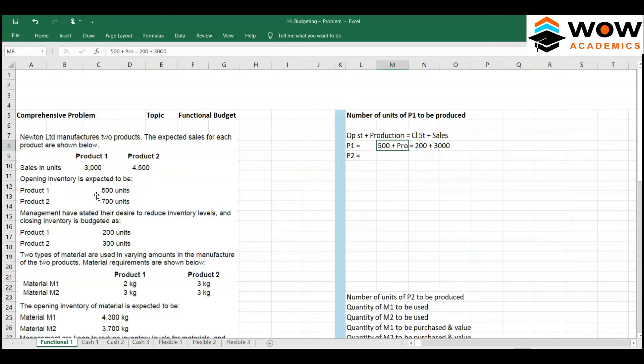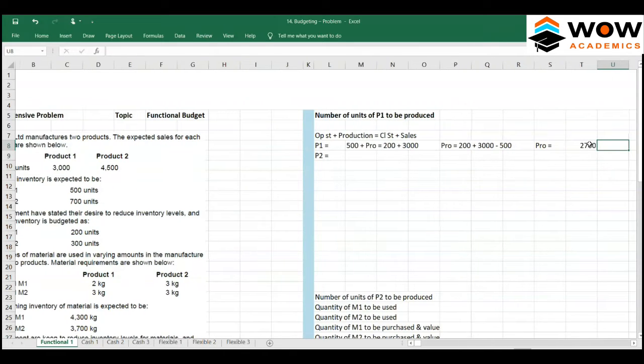Production stays in the same place, but opening stock goes to the other side and becomes a negative number, and production will be 2700 units. So that's the production of P1.